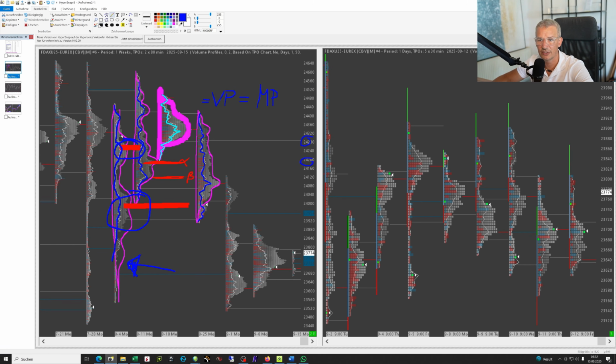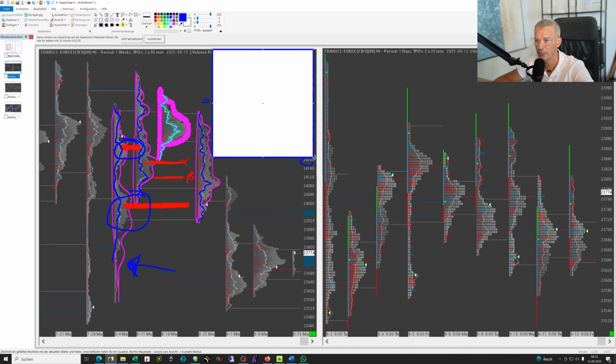Because we have two major distinctions, especially when we're working with the market profile. On the one hand, we have so-called balance profiles. There are a few different forms of these. And then we have so-called trend profiles. And trend profiles always emerge when aggressive market participants come into play. And then we have so-called single print areas. These are the blue ones here.